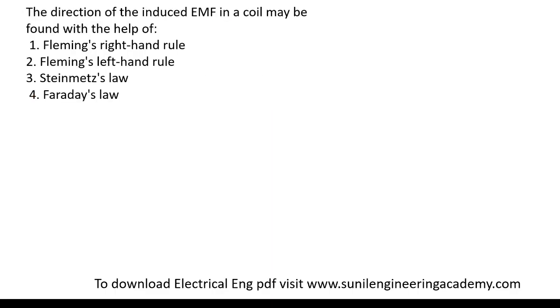Very easy question. The direction of induced EMF in a coil may be found with the help of dash. Induced EMF, it is nothing but in a generator. Here R is dominated, in the sense you can say Fleming's right hand rule. That is a simple trick to remember.